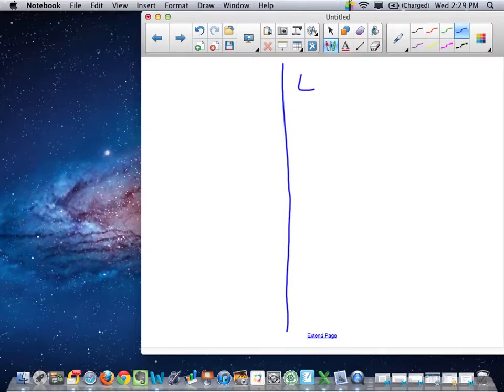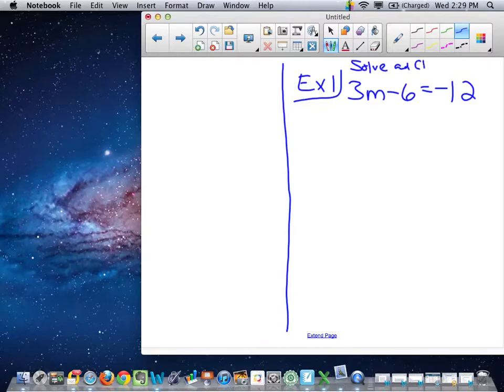So let's do another example. This is officially example number 1. We have 3 times m minus 6 equals negative 12. The directions obviously would be to solve, and we're going to check this problem as well. I'm going to undo my subtraction by 6 and then my multiplication.